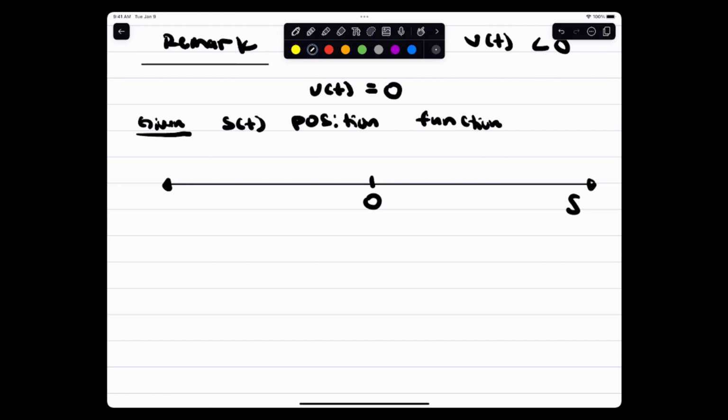I want to point out an important thing, okay? Your position could be positive or negative. You're looking at this as a real number line, right? So remember, to the right is positive, and to the left is negative. This is just for your position. This is your location. All right, you guys okay with that?